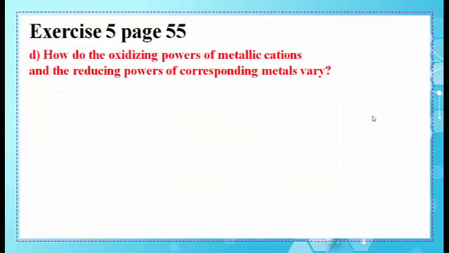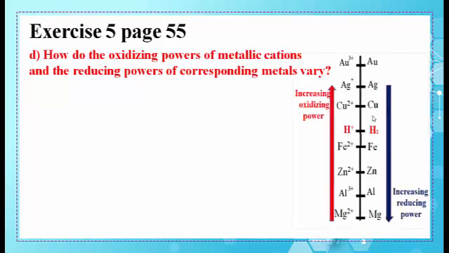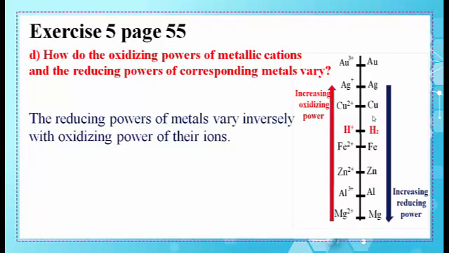In part D of this question, how do the oxidizing powers of metallic cations and the reducing power of corresponding metals vary? The reducing powers of metals vary inversely with the oxidizing power of their ions. Why? Look here at Au3+.